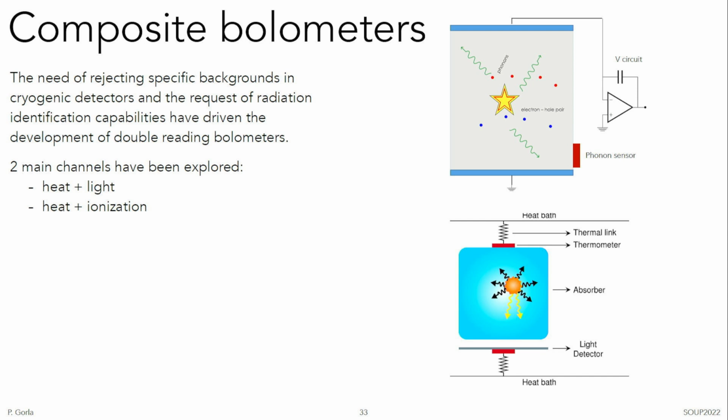This is why people developed bolometric light detectors, cryogenic light detectors, which are basically again some kind of cryogenic detector used to collect the light escaping from this detector, which is the general idea.